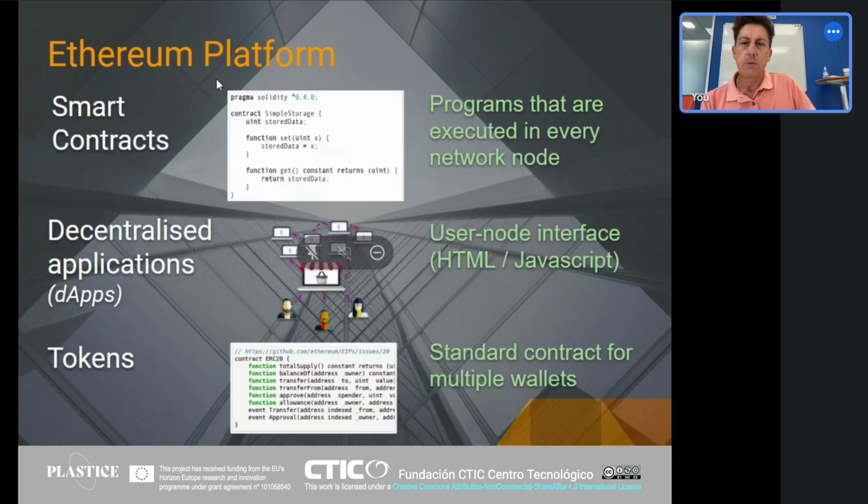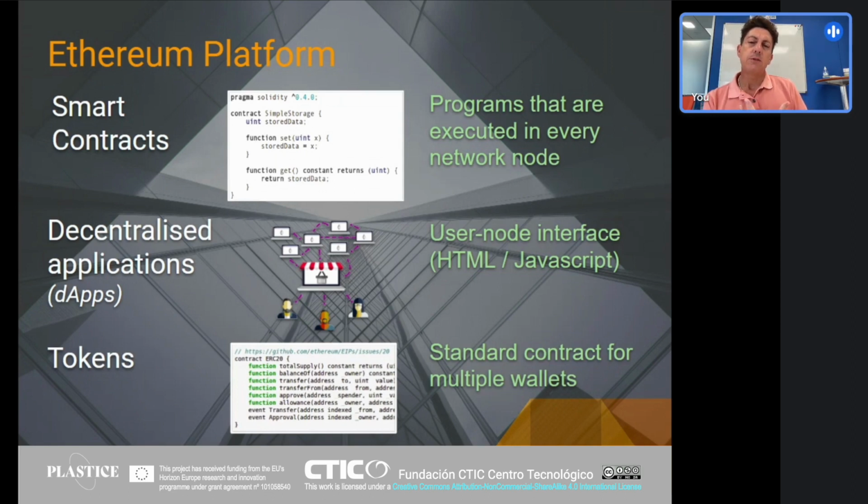And we will just stop here to show you that what I've called smart contracts are just programs, computer programs that are executed in every network node, not just in one node, in every one. Because remember, it's trustless. Every node has to execute everything and check if the result is the same in every node.